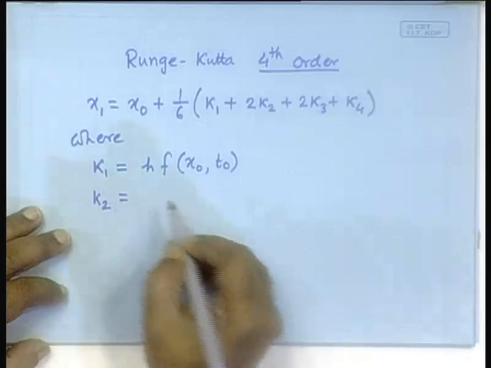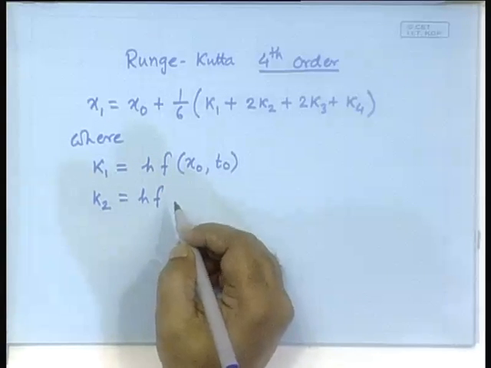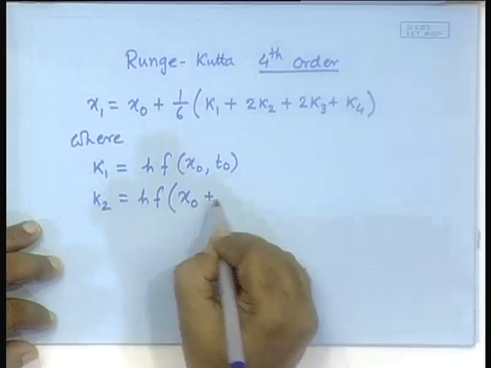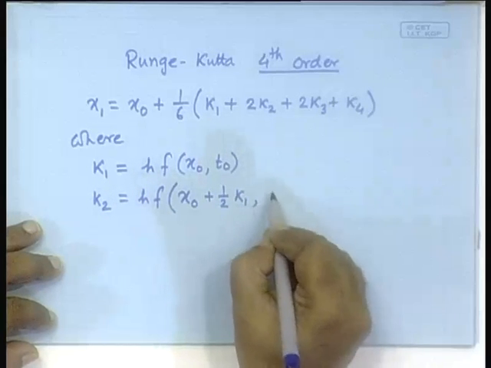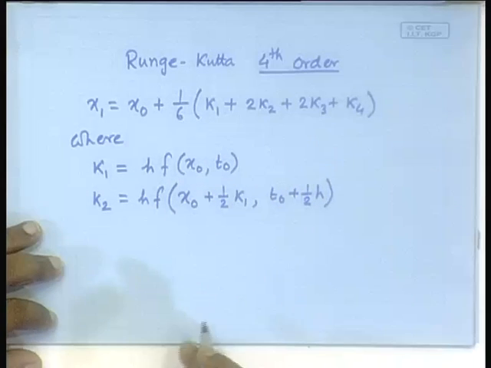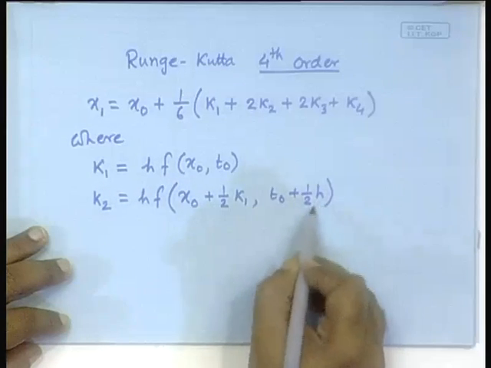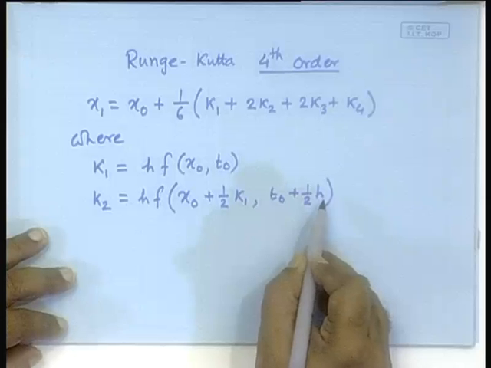K2 will be h f of x naught plus half k1, t naught plus half h. K1 is known, so you can substitute it here, h is known, so you can substitute here, and you can evaluate the function, therefore, k2 will be known.